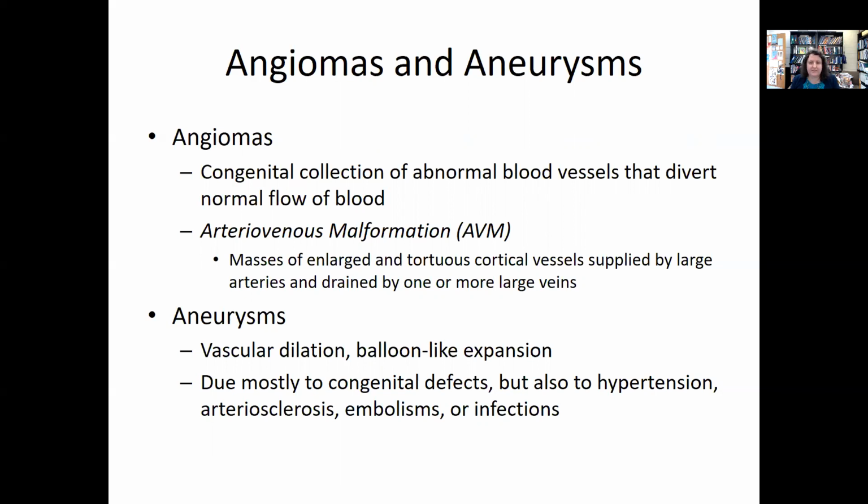Aneurysms are when you have vascular dilation, so it's like a balloon-like expansion in your blood vessels in your brain. Again, never good for the blood vessels to not be doing what's normal, essentially. Most are congenital, genetic, but can happen due to, again, high blood pressure or things like embolism.